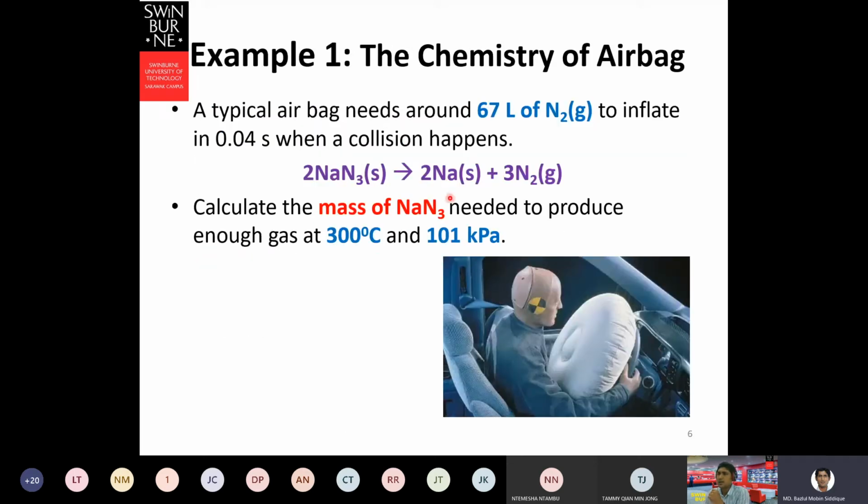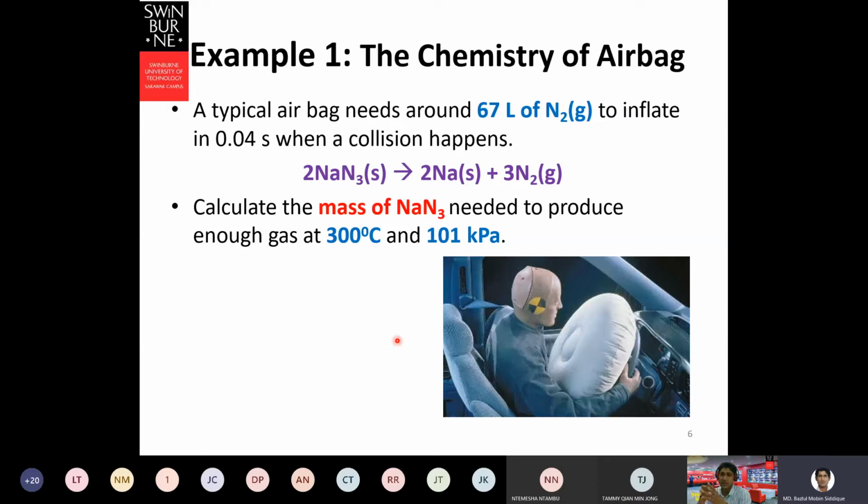Okay, so for the first example, it is a little advanced example, but it is better to start with the advanced example. Like example 1, we all know about the airbag. We know that the airbag is installed in the car and it saves life. But what happens when an accident happens?